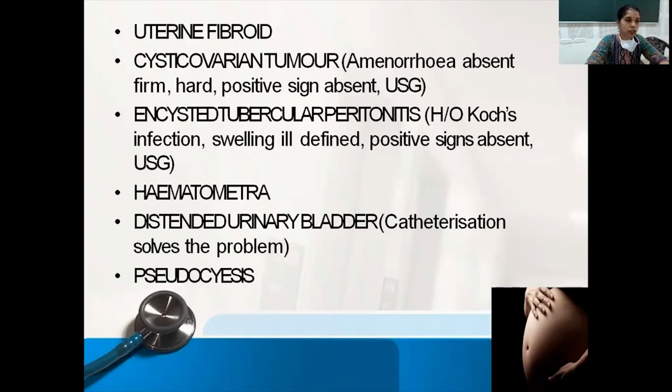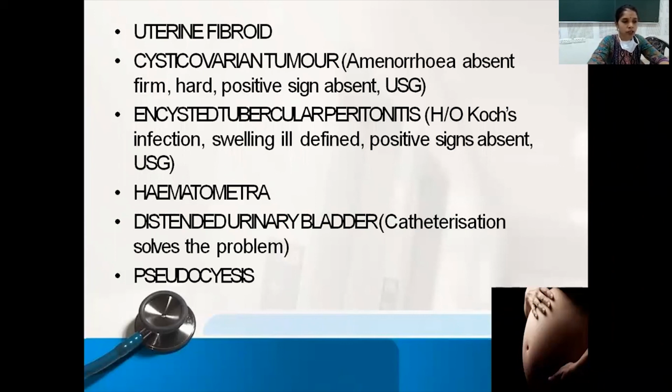Next thing to rule out is cystic ovarian tumor. Sometimes amenorrhea may be present or absent. The pregnancy test is negative, and this is also differentiated by ultrasound. And the most common thing is distended urinary bladder. Sometimes with urinary retention, there might be stones, gradual urinary retention, and suddenly they feel as if they are pregnant.